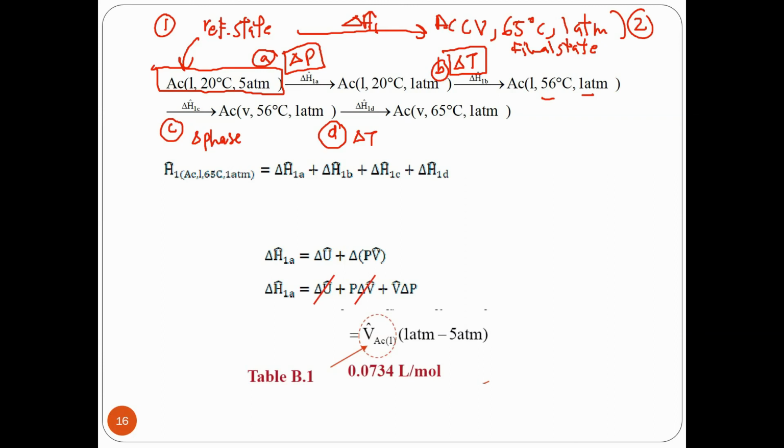So here is the calculation for our step A. For step A of the hypothetical process path, we want to determine our change of specific enthalpy 1A, because this is total, right? In the tables at step 4, we need to find our change of specific enthalpy 1.